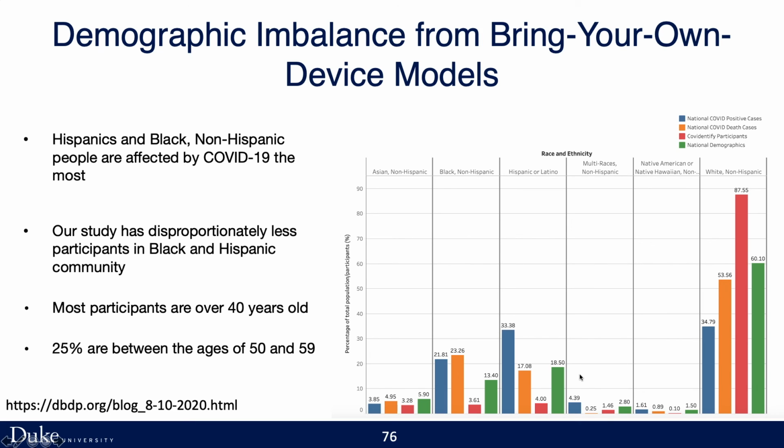And even more challenging, that in the studies that we have where we ask people to enroll who already own their own devices, we see that the people who tend to enroll in the study and the people who tend to have these devices are in the white non-Hispanic category. So not those people who are disproportionately affected by COVID-19. And so this really can cause difficulties, as we talked about at the very beginning of this talk, that there are inherent biases in a lot of the technologies that are developed, and digital biomarkers will be no different.